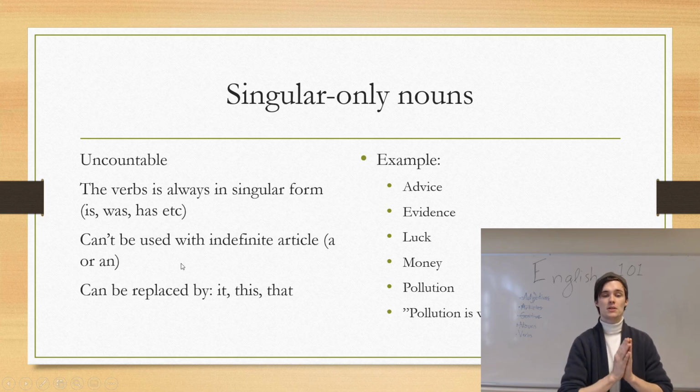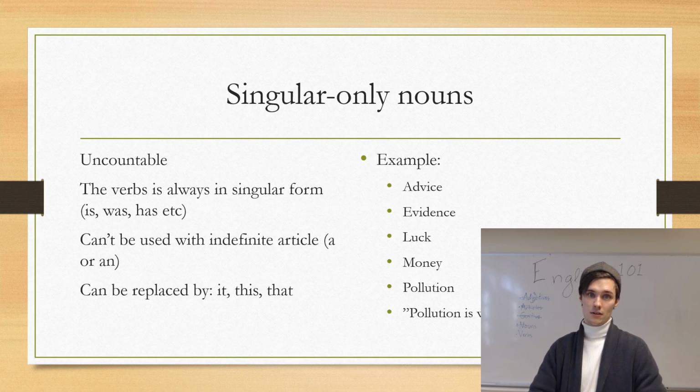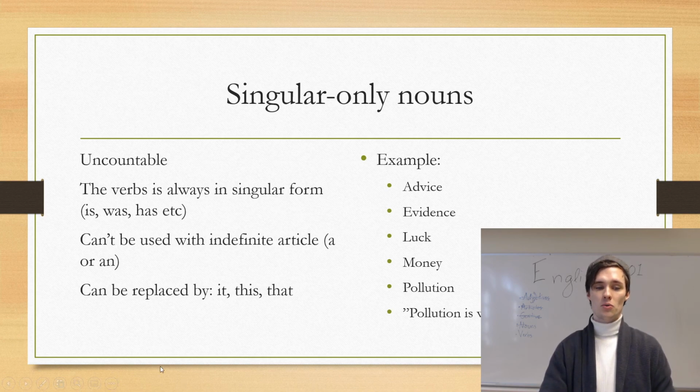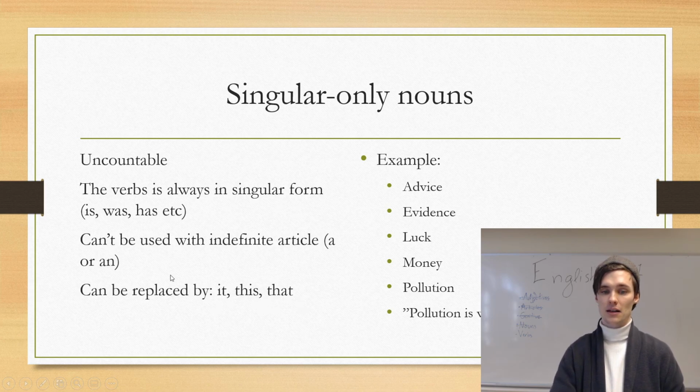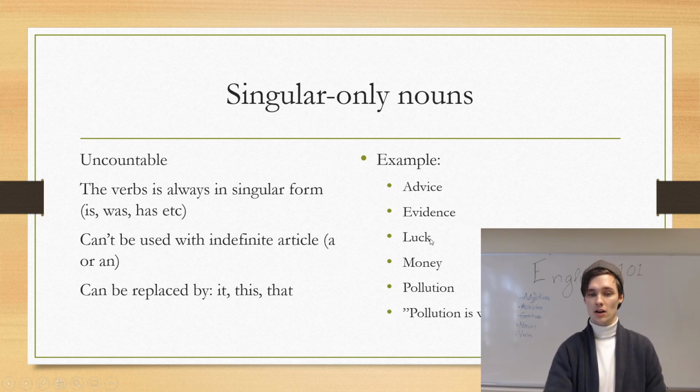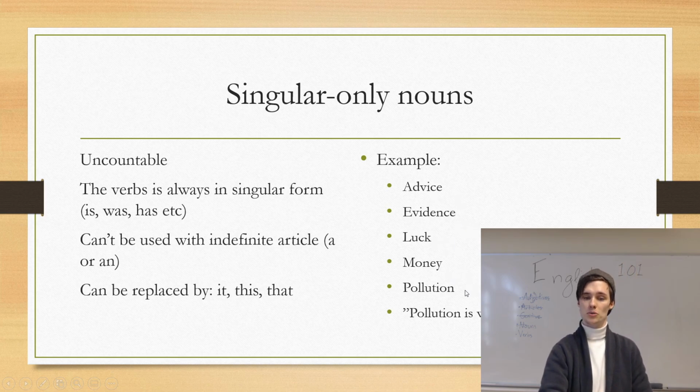It can't be used with an indefinite article, a or an, that we talked about in another episode. And the singular only nouns can be replaced by it, this, that. Some examples are seen here on this side. We have advice, evidence, luck, money, pollution. And an example sentence could be, pollution is where the money is.